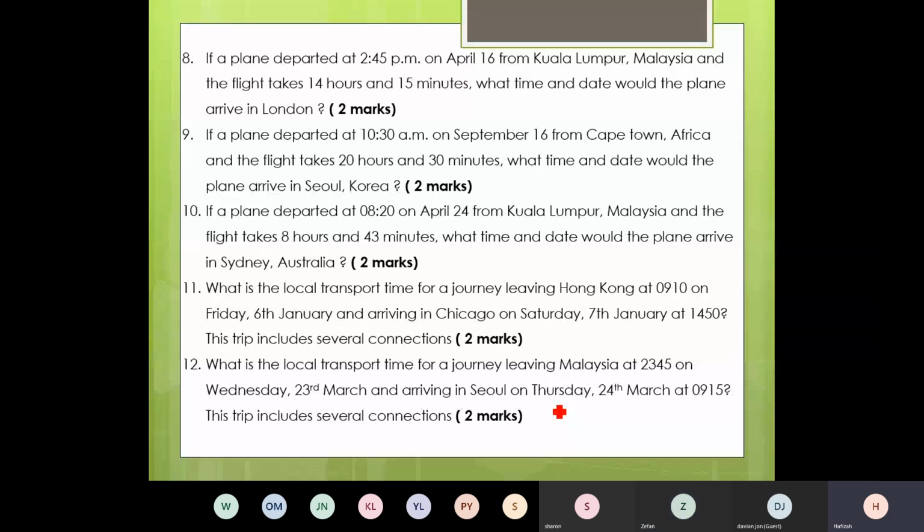GMT, Cape Town plus 2, Seoul plus 9. Two o'clock, 18 September.